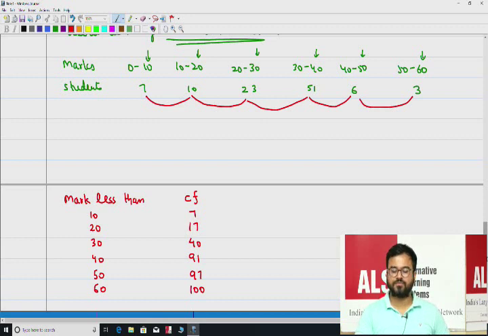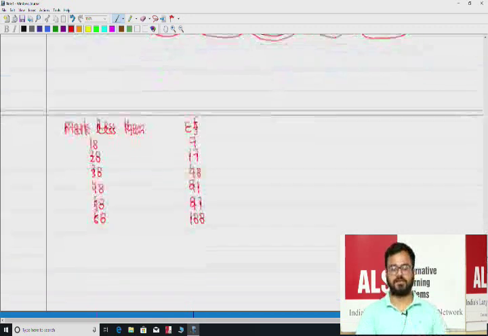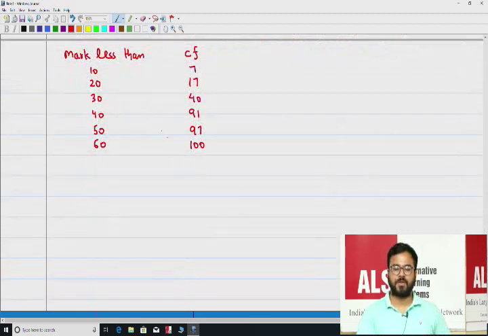Now what we have to do, after writing this, on your graph paper, draw the x-axis and the y-axis.